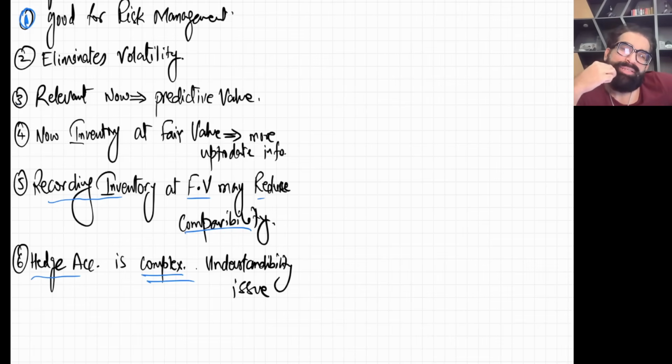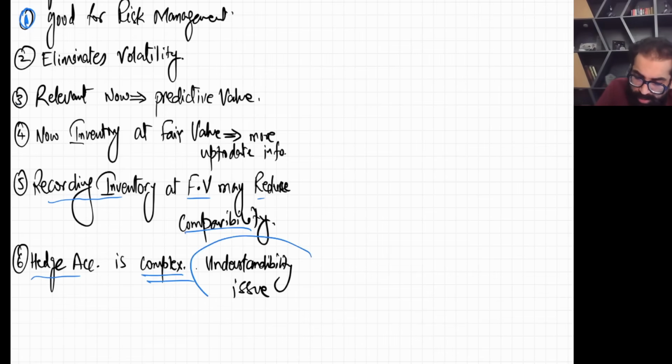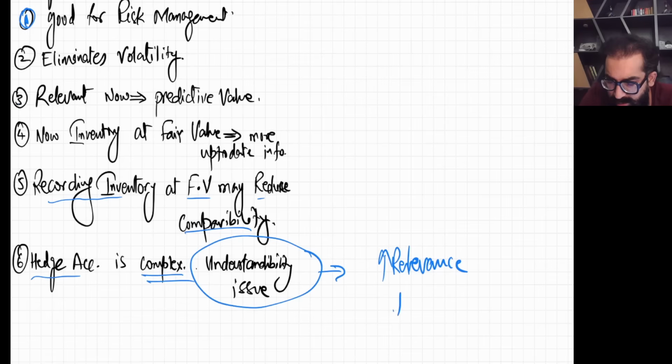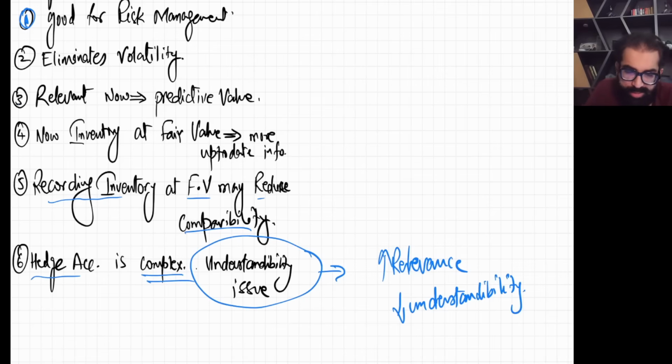So hedge accounting is complex, so there are some understandability issues. They can't understand the net gain of 140, and they can't understand the hedged item and hedging instrument. So we call this an understandability issue. That means just to increase the relevance, we are compromising understandability.